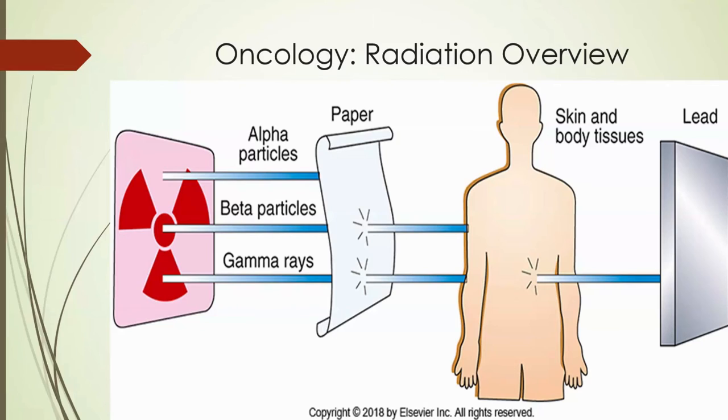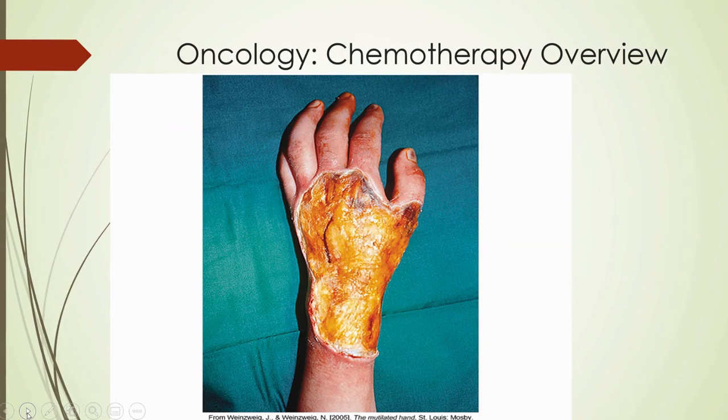Remember, radiation is where we can target it or direct it to a certain spot, and this picture kind of shows the strength of certain types of radiation. But there's also chemotherapy. Now, the thing here is that chemo is more systemic because we put it through the whole body, but it is the treatment of cancer with chemical agents.